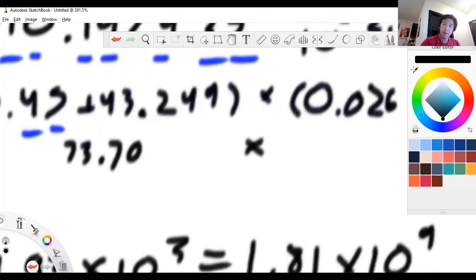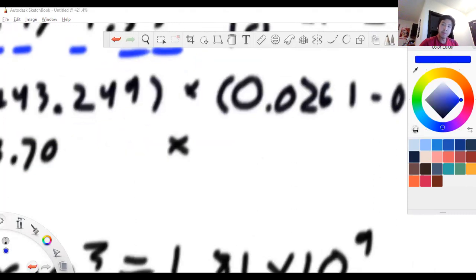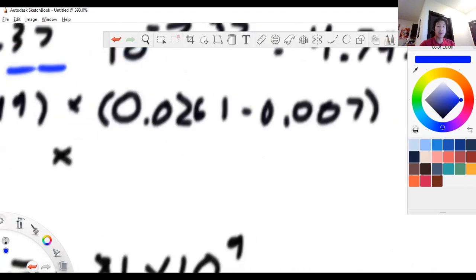Times, and then over here we have, they go to the same amount of decimal. Wait, no, they don't. This one goes to 3, whereas this one goes to 4. This one has 1 sig fig. So 0.0261 minus 0.007.